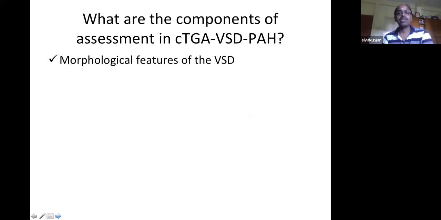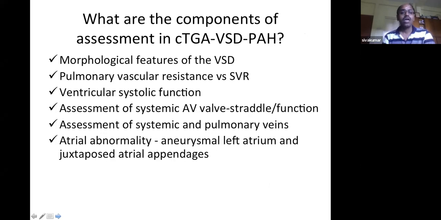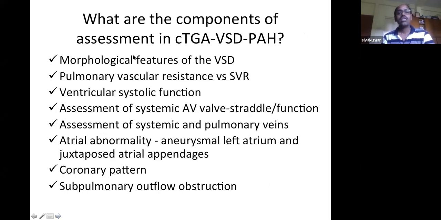What are the components? The morphological features of the VSD. Where is the VSD and how to close it? Pulmonary vascular resistance, how to assess it? How to assess the ventricular systolic function? How to assess the tricuspid valve straddling and its function? Assessment of systemic and pulmonary veins.